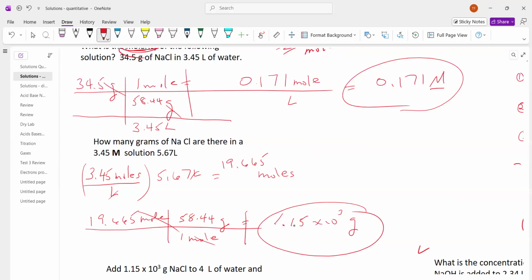Okay, so we're going in two different ways attacking this concentration problem.